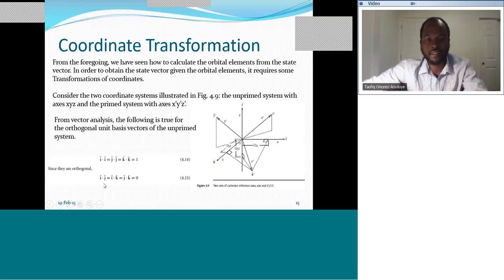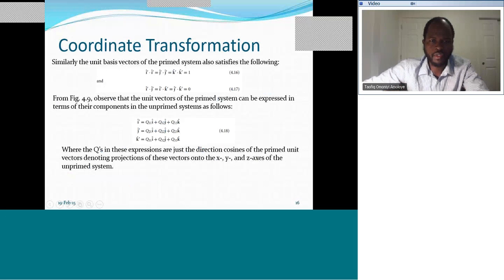So the dot products of orthogonal vectors are equal to 0. Similarly for the primed system, since the unit vectors in the primed system are also orthogonal, we have equations 4.16 and 4.17 for the dot products of the orthogonal vectors, and equation 4.16 for the dot product of a unit vector by itself.